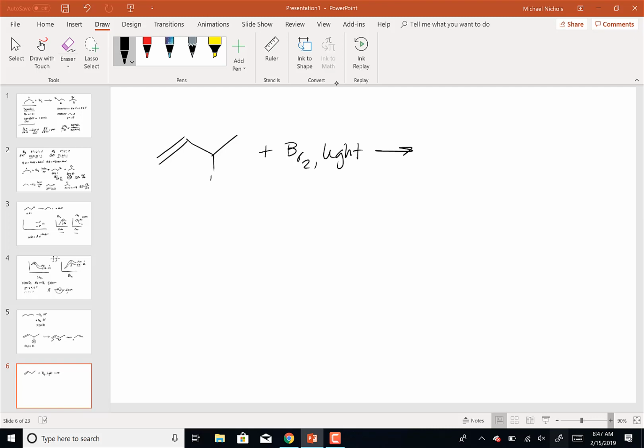So what's the product of your reaction going to be? You're going to do free radical halogenation at the allylic position. Always. That's going to be the major product. So whenever you do free radical halogenation, you're always going to halogenate at the allylic position.